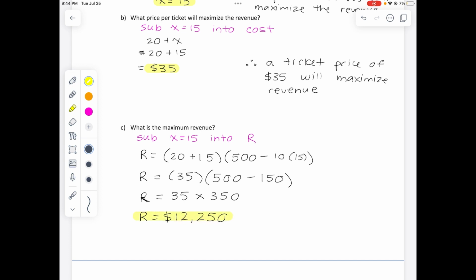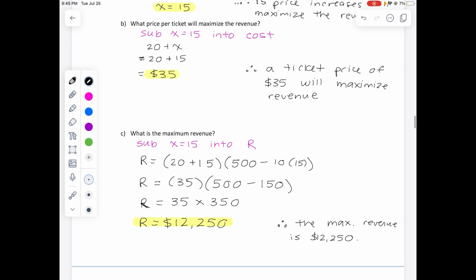Then again I would have a sentence answer, stating my answer. So therefore the max revenue is $12,250. And if we were to plot this on a graph on Desmos even, you could check this and you would see that your vertex would occur at 12,250.